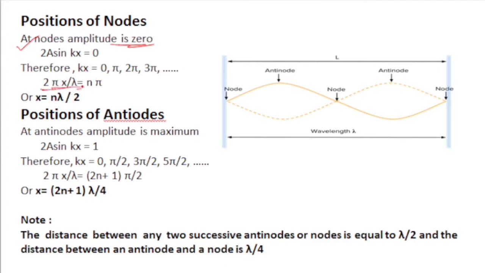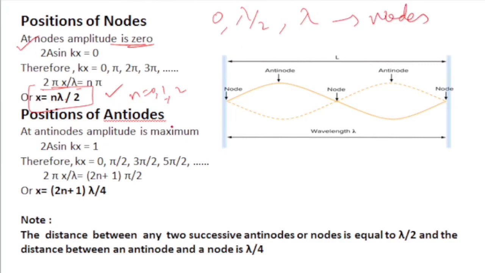From here you get x equal to n lambda by 2. This is the position of a node. If you put n equal to 0, 1, 2, it means at x equal to 0, a node is formed. Again for 1, at lambda by 2, again a node is formed. Then for 2, at lambda, again a node is formed. So at 0, lambda by 2, lambda, nodes are formed.